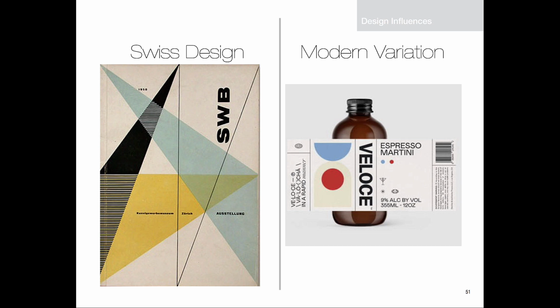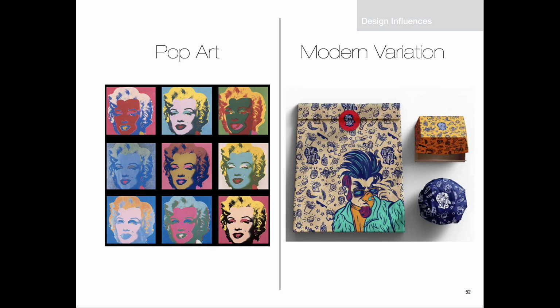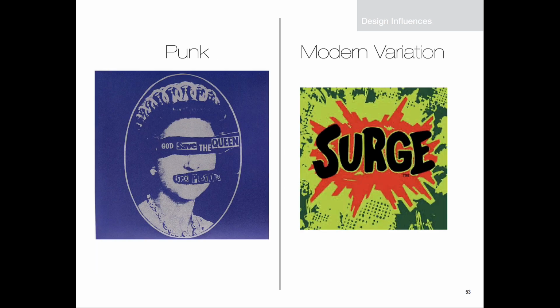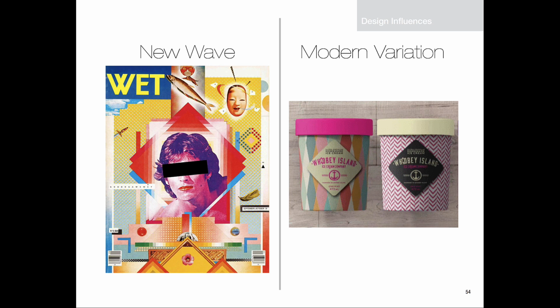Swiss design, there you can see with the grid and the alignment of all the type. Pop art, you can see this a lot. Here you can see in Jailbird, fast food packaging. Even graphics for energy drinks owe their nod to punk design. New wave design here you can see in ice cream packaging.